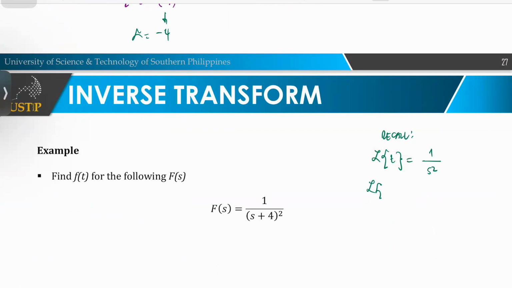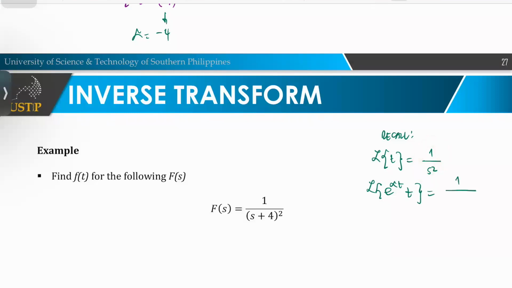Now, looking at it, class, it is just s. How do we make the s into s plus 4? We know that the effect of multiplying a function by an exponential is that the s gets changed. So from there, we know what we can use: when the exponential function e to the alpha t is multiplied by t, what will happen to your 1 over s squared?